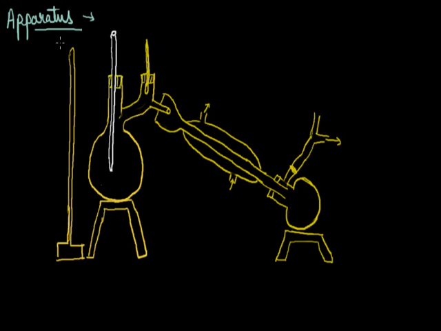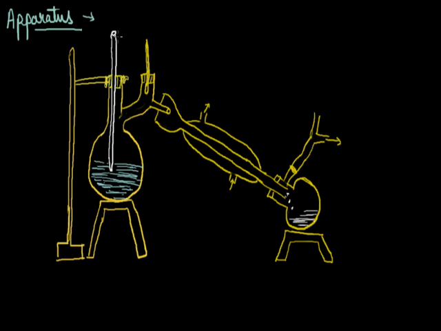So this is the arrangement of the apparatus. In this there is present the mixture from which the components are to be separated, and here we obtain the distilled liquid.